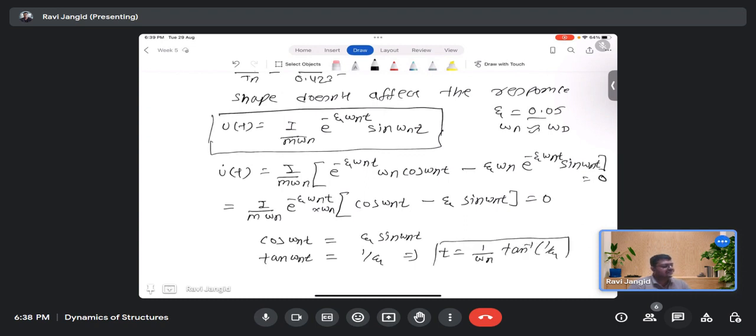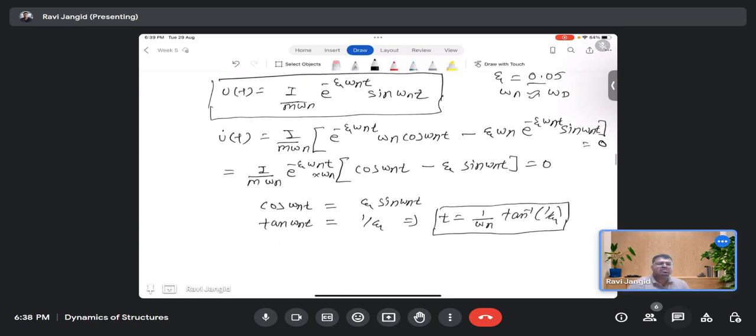Is it okay? Can you find the t value at which my response would be the maximum?